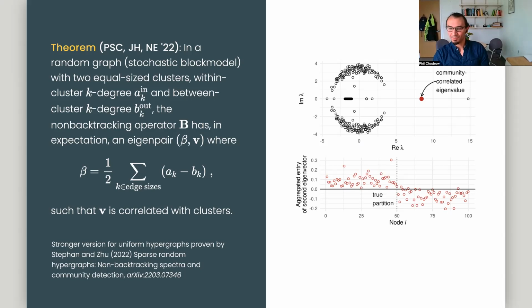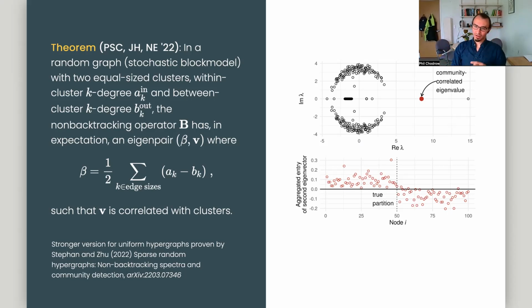But you do the summing up and you see a picture like on the bottom right here, where in this hypergraph with 100 nodes, if I look at the signs of this aggregated eigenvector, I can see that the signs correlate to the partition that I planted. This partition is represented by that dashed line, first 50 nodes in one cluster, last 50 nodes in the other cluster. So if I clustered based on this eigenvector, I would be able to learn something about the clusters, and I would be able to get a result that is correlated with ground truth.